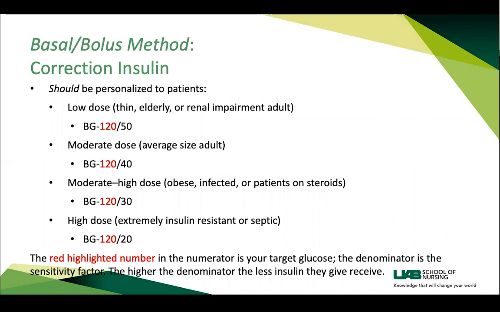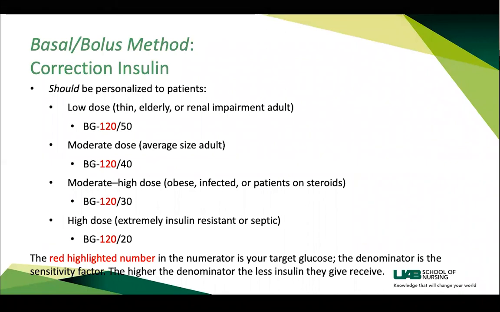Let's say they're at home and we want their blood sugars to be 90 to 130. We might choose an average of 120 and that would be the number we use as the target glucose. If they're in the hospital, perhaps we're shooting for the 140 to 180 range, we might choose 150, 160 as our average glucose that we would put into this formula. But as you can see here, we've chosen 120 to put into our calculation.